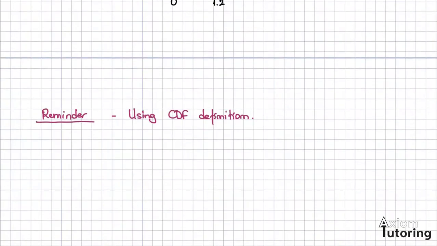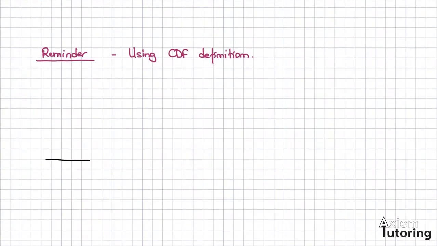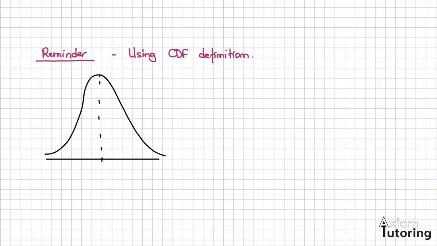Remember the cumulative density function, the CDF, was giving us everything that accumulates up until a certain number. So let's draw again our standard normal distribution bell-shaped curve.